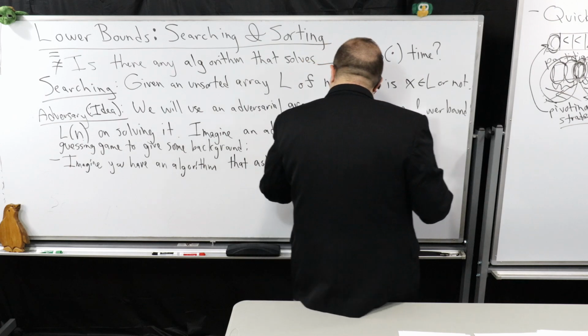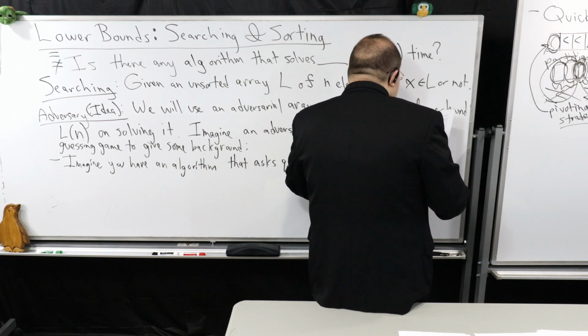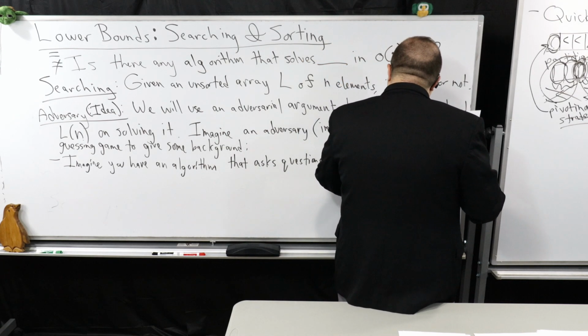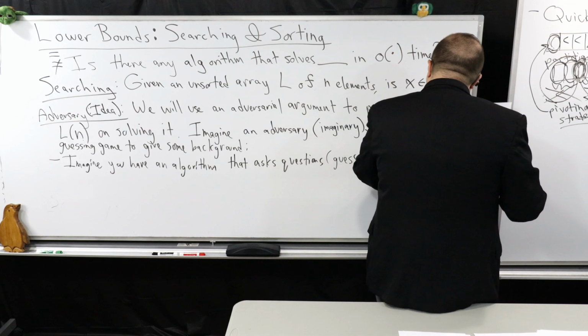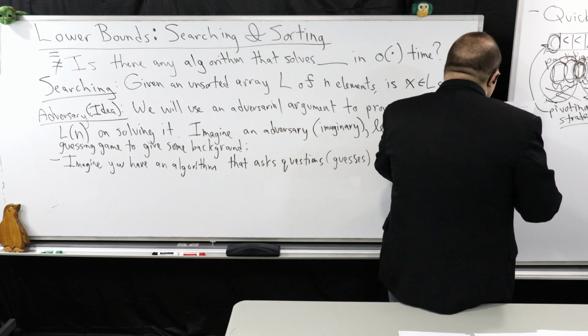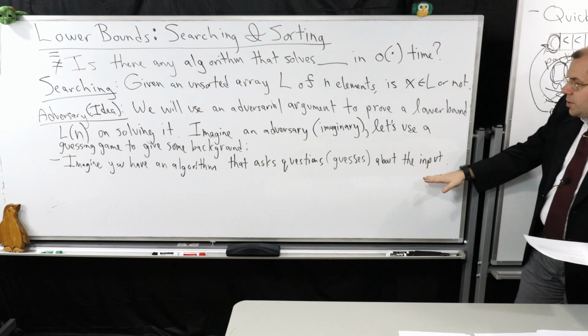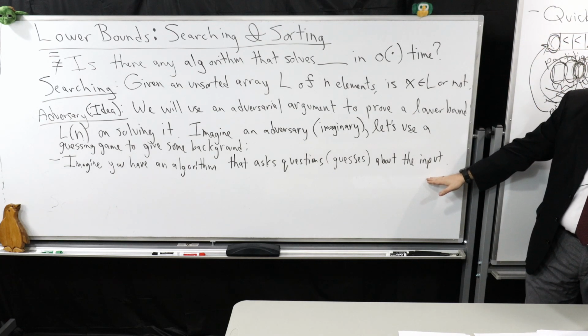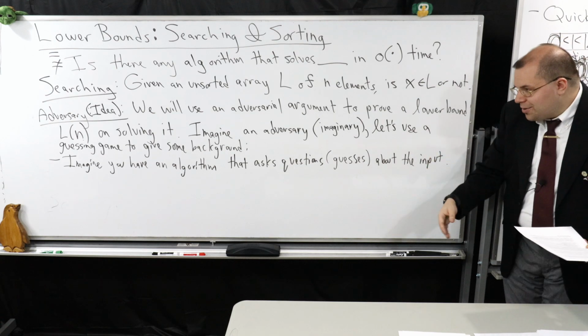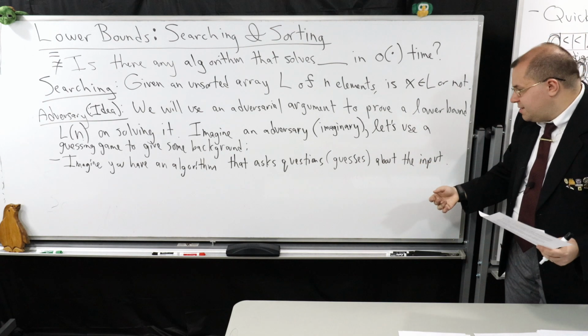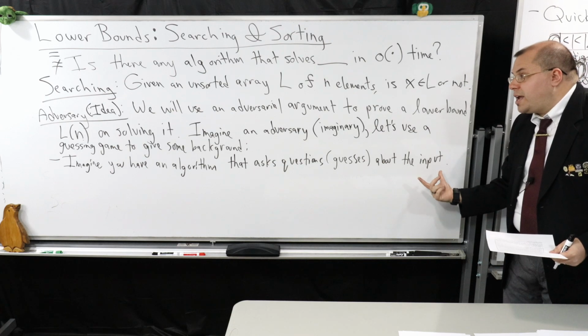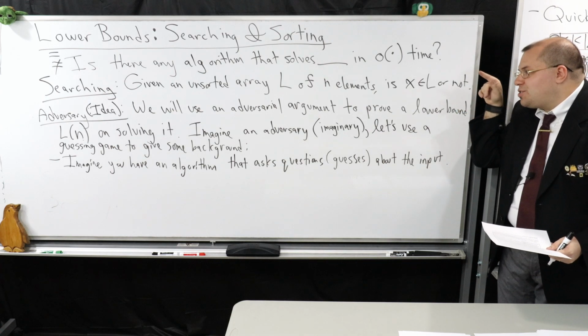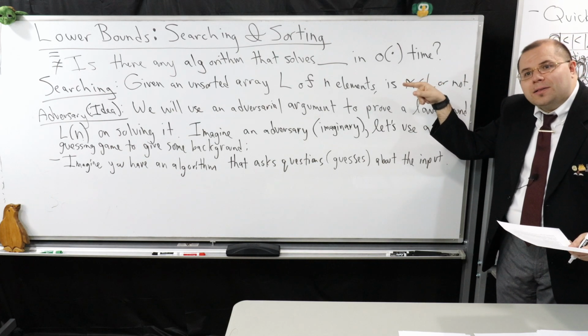And these questions, of course, are our guesses about the input. And I must stress, remember, we're not assuming any particular algorithm when we're doing this. I'm just going to imagine you have some algorithm and it makes guesses about the input. So in our case, we're going to ask questions about the array L.